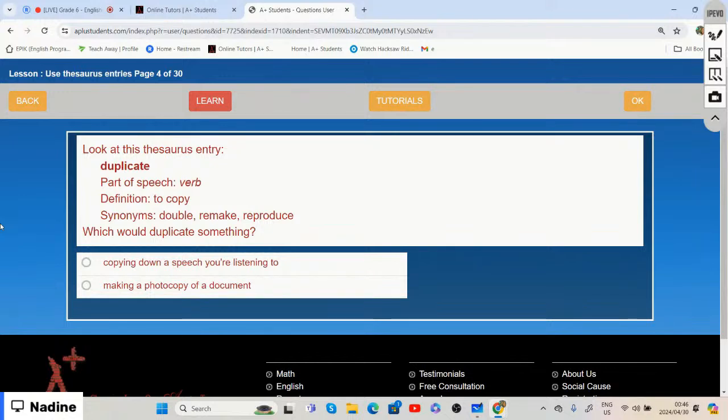Is it copying down a speech you are listening to, or making a photocopy of a document? To duplicate something, something that you want to make a double of.